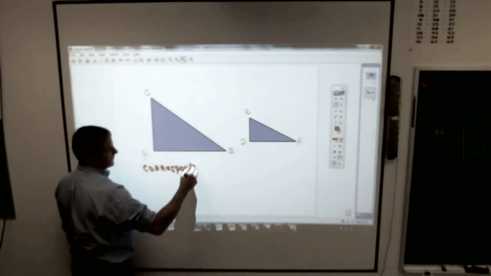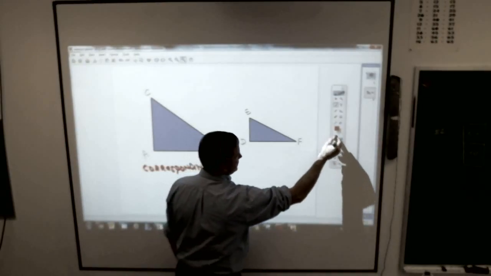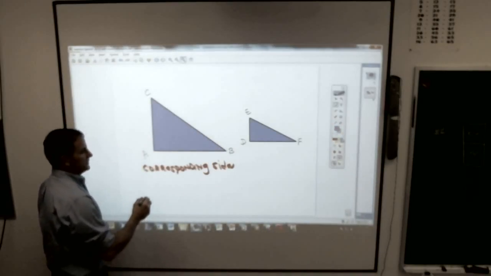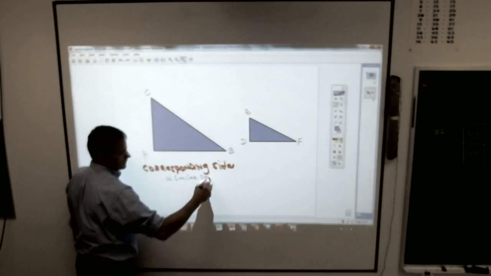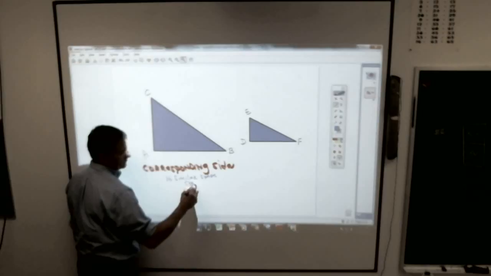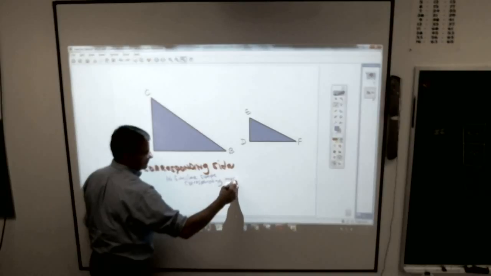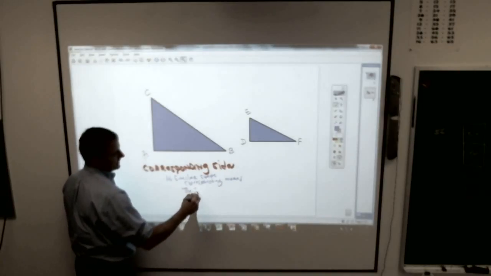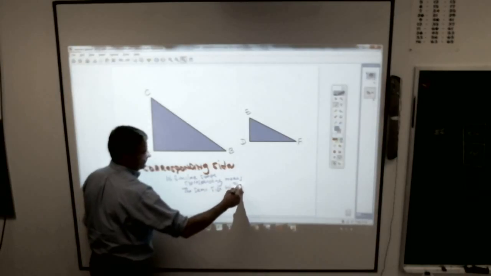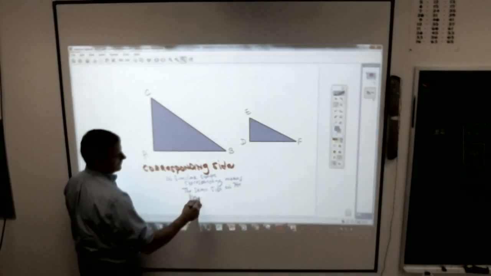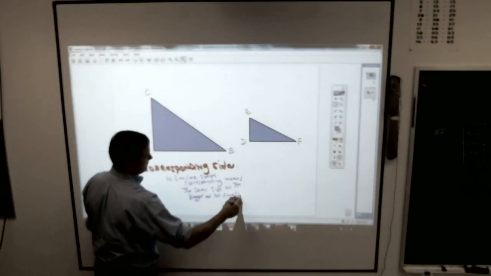Basically what that means is when you look at similar shapes, corresponding means the same side on the bigger as on the smaller, which won't make any sense until we discuss this here.